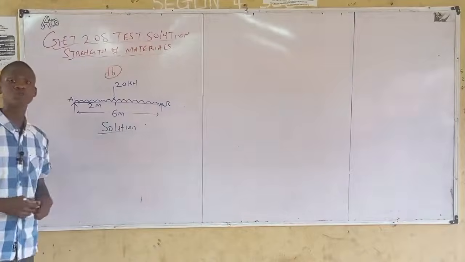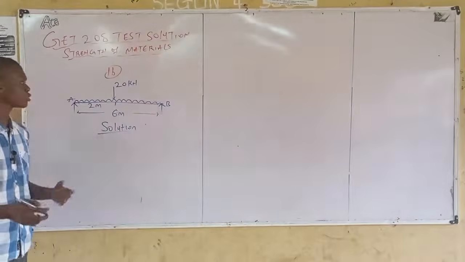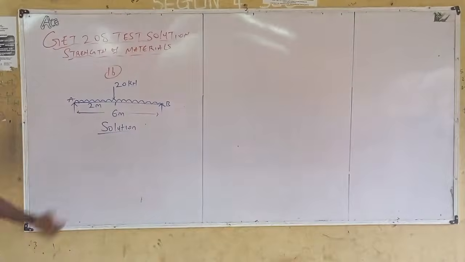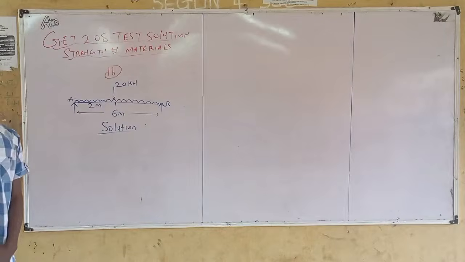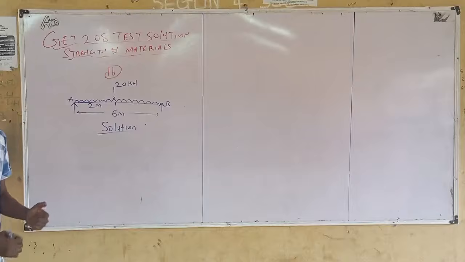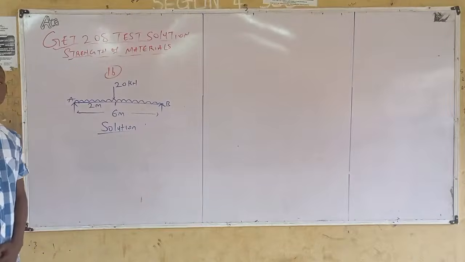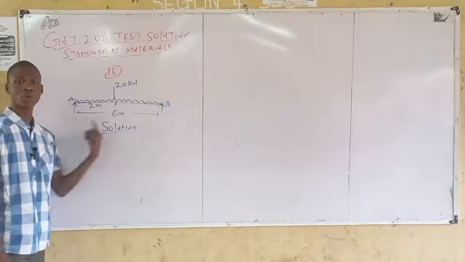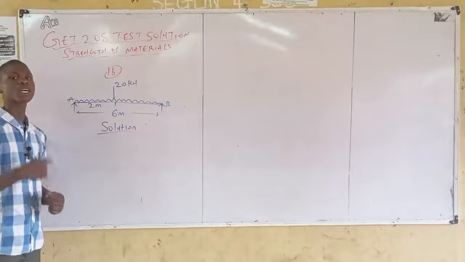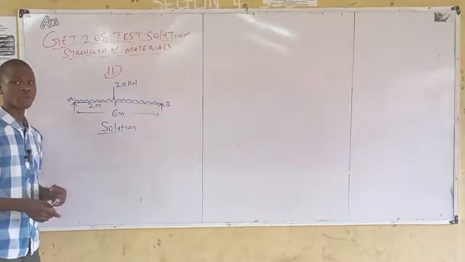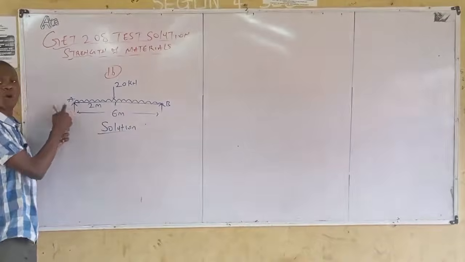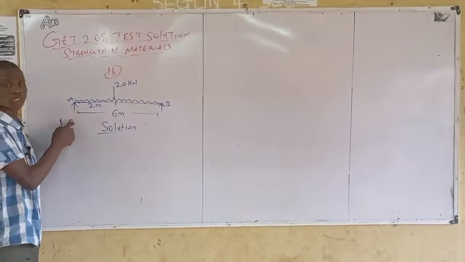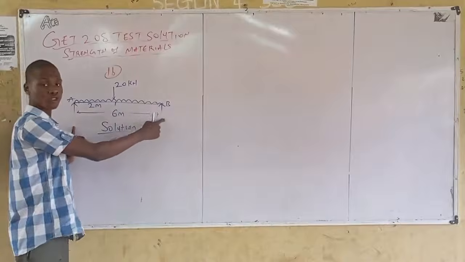You want to calculate the support reaction. When they say support reaction, look at this beam. Where is this beam having its support? What is holding the beam? What is carrying the beam? A and B. This arrow and this arrow are the supports in this case. So when that question says calculate the support reaction, it means you have to determine the magnitude of the force at these supports.